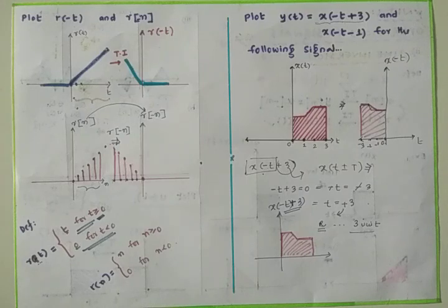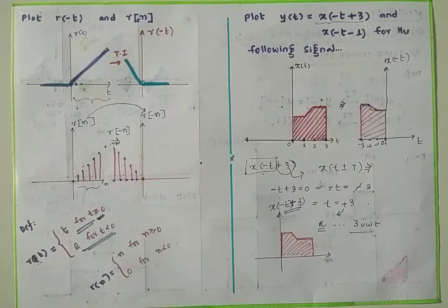In conclusion, the time reversal operation is nothing but replacing the independent variable with its opposite values, and we can apply this time folding, time reversal or time inversion operation on continuous time signals as well as discrete time signals.